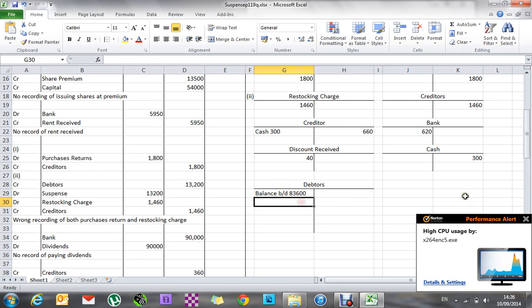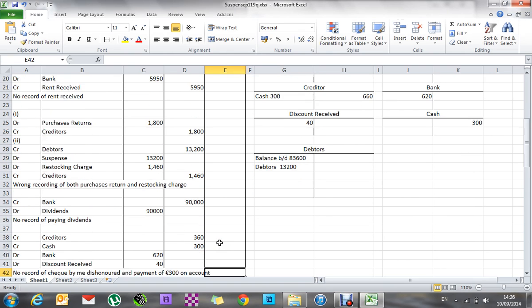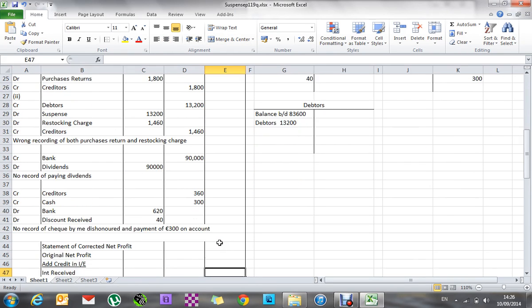So I'll go in here, 13,200, and it's to do with debtors. So it's 13,200, and that goes in there. Quick look down. Are there any other suspense items? Bank, dividends, cash? No. Okay, nothing else.